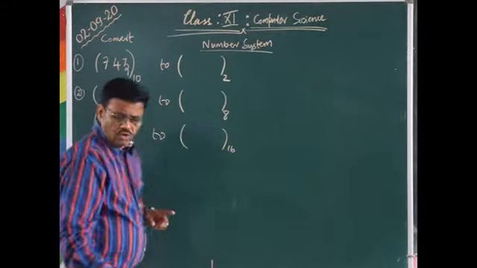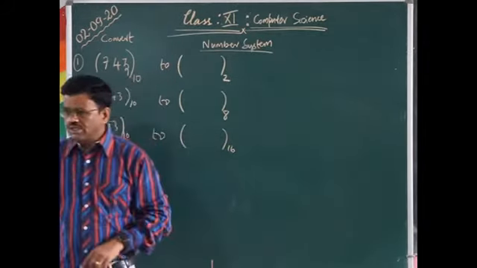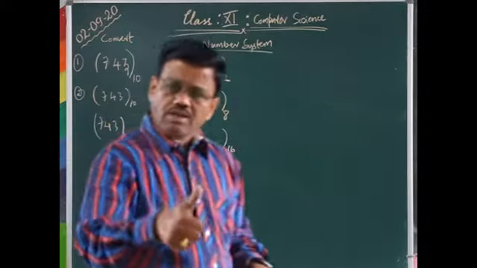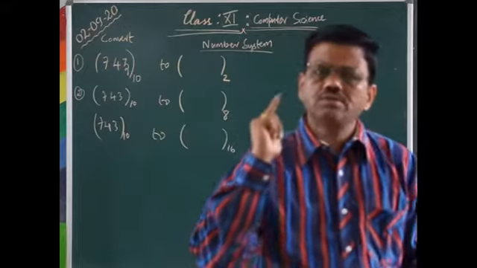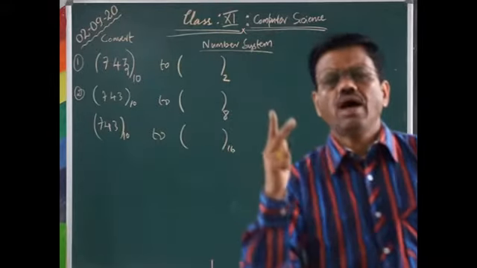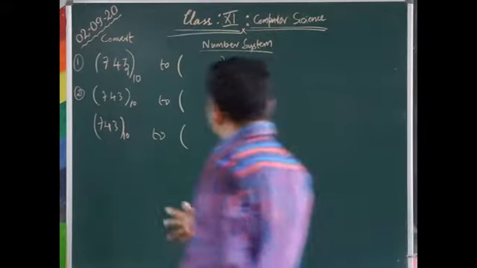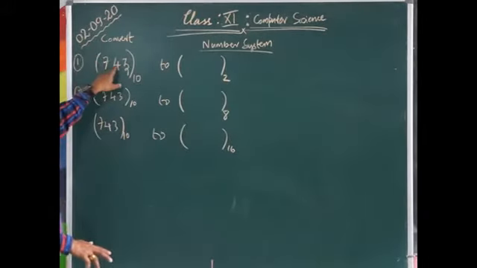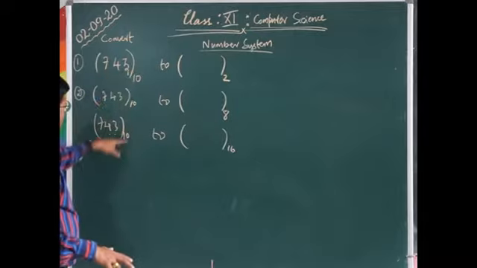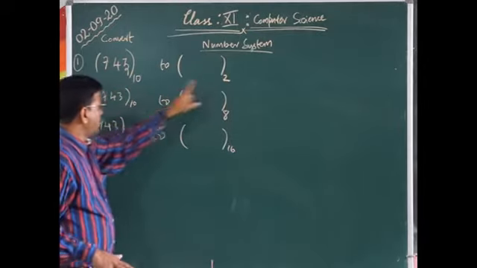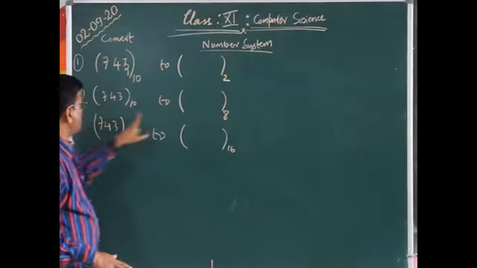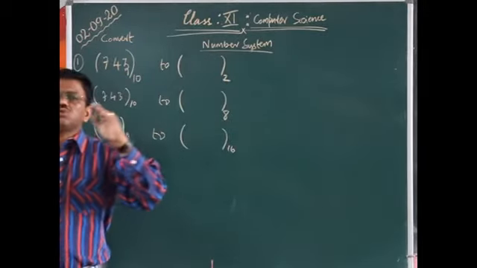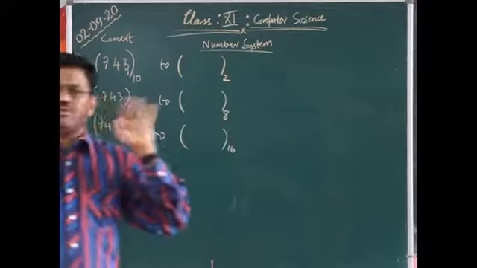As you all know, there are only 4 number systems, boys and girls: binary, octal, decimal and hexadecimal. Converting 743 from decimal to binary, decimal to octal, decimal to hexadecimal, is quite simple.